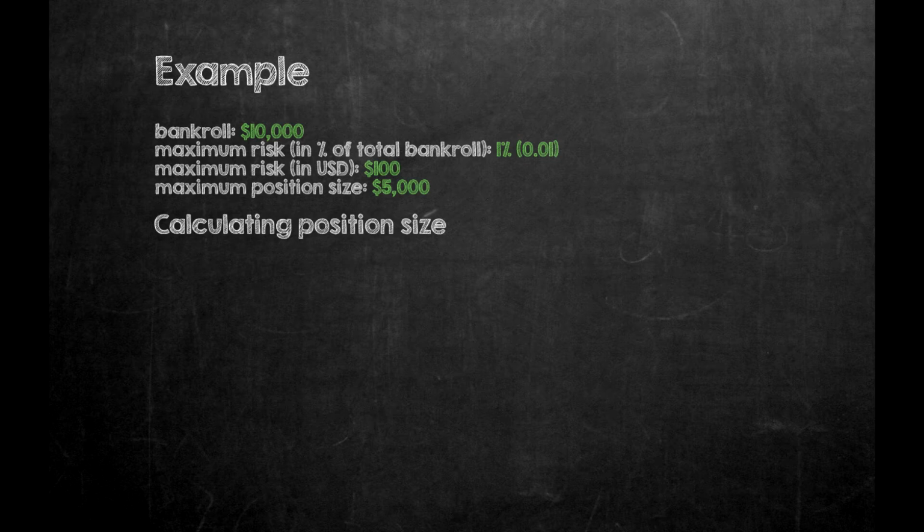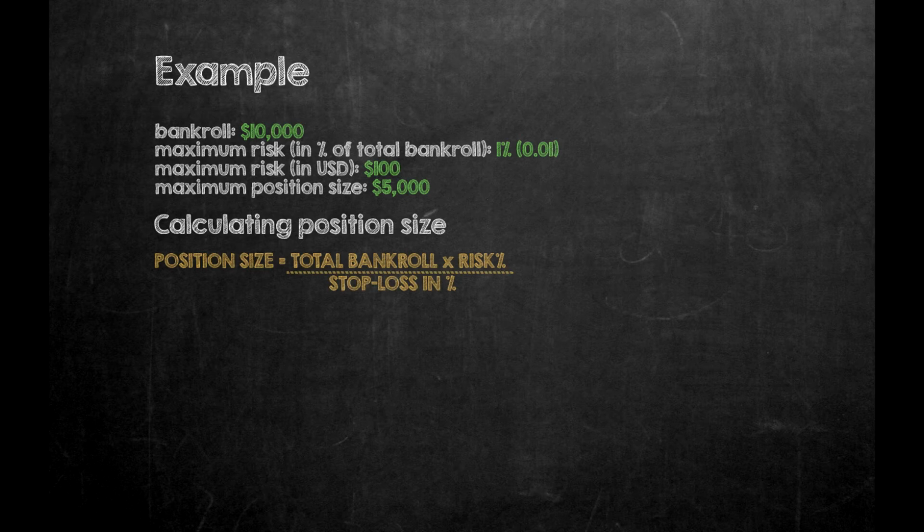Okay, now let's look at how you can calculate the position size. After you determine the size of your bankroll, maximum risk you're willing to take, and how far from the entry you'll place your stop loss, you can use this simple formula. Position size equals total bankroll times risk percentage divided by stop loss in percentage. So, we know your bankroll is $10,000.